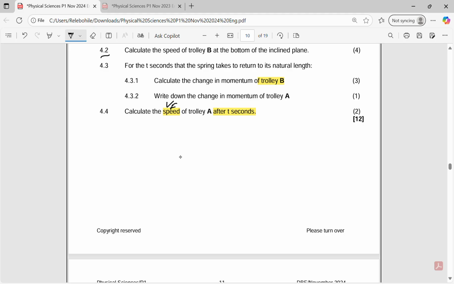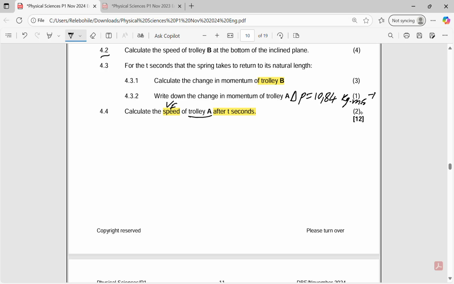They are looking for VF of trolley A. And if you recall, we had said here that the change in momentum of trolley A is supposed to be 10,84 kg meters per second, right?